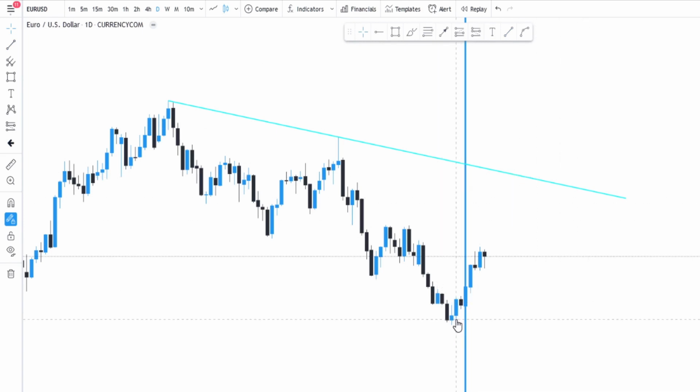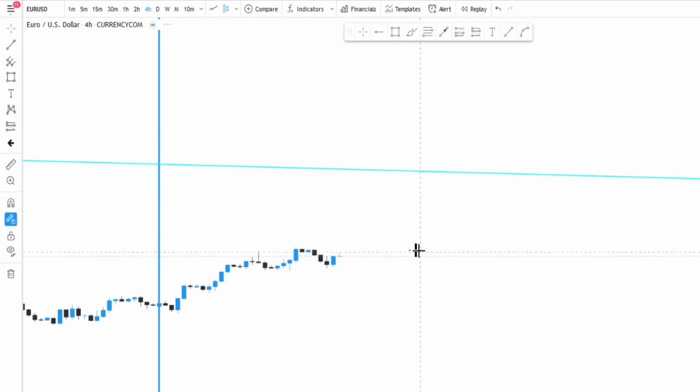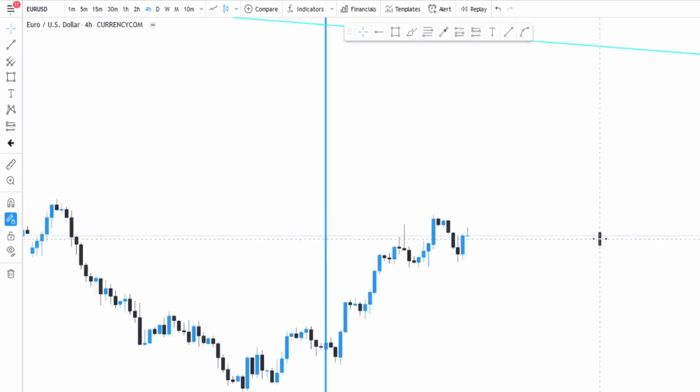So here we see a potential uptrend, so we will validate it after a retest here, creating a new structure and then going up. So let's go to the 4 hour to see.